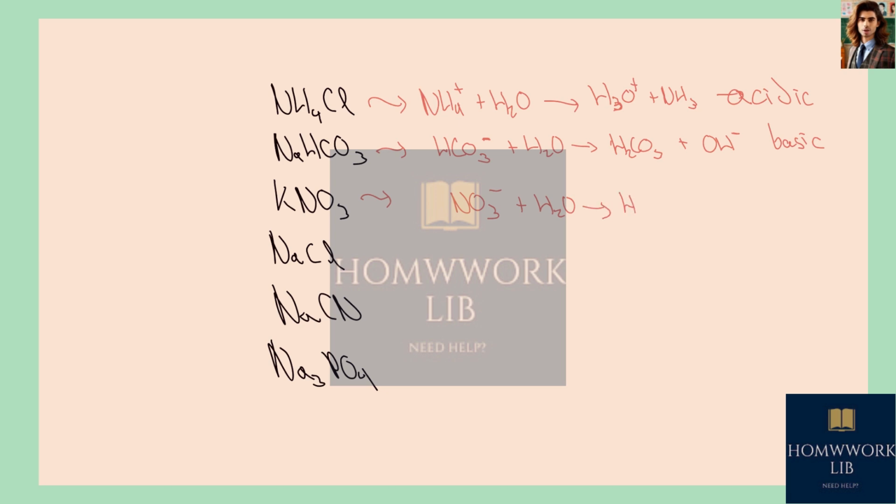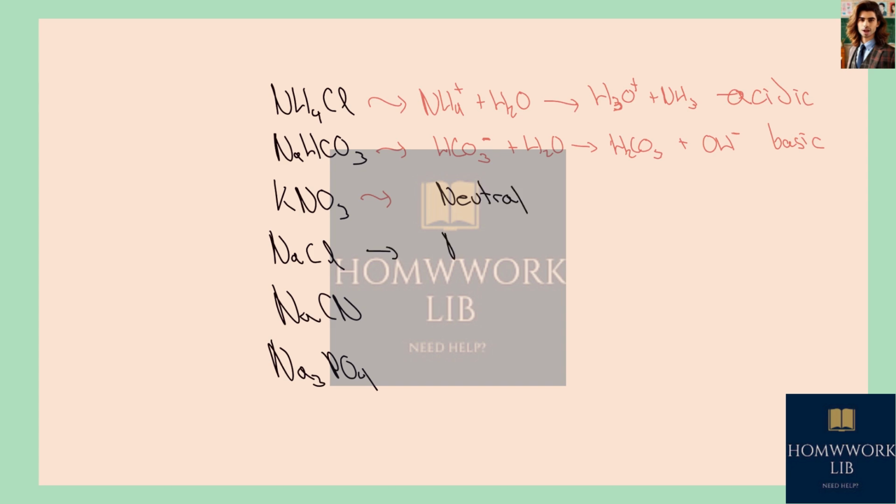Let's say that assuming that this reaction goes forward, what would happen is that we would be generating nitric acid. So in this case, since the resulting product is a strong acid, then what we're going to get is that no reaction happens and this is going to be a neutral solution.